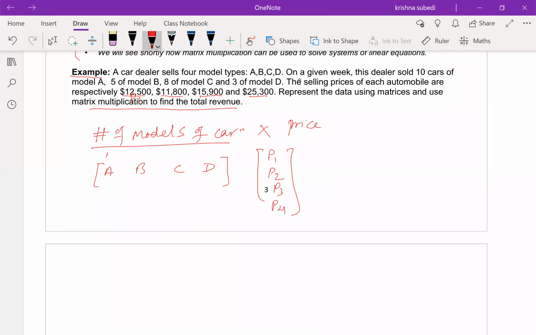So let us write A. How many of the A model? 10 cars, right? How many of B? Oh, I messed up. So B is 5. C is 8 and D is 3.